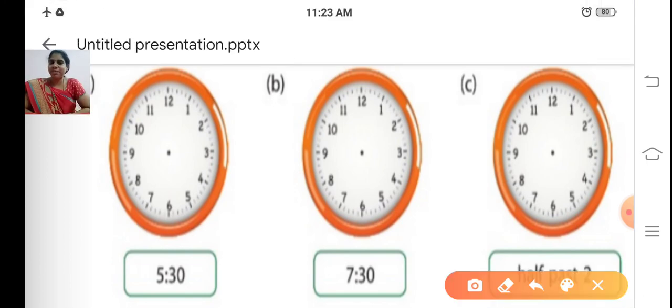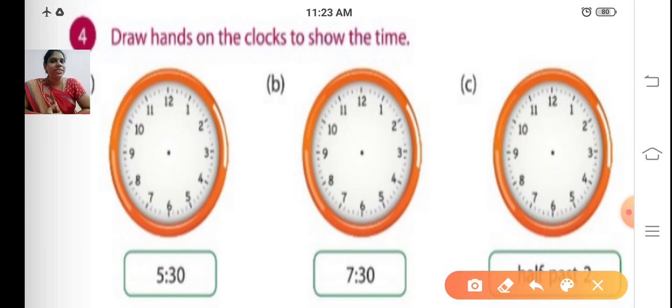Yes. What is the time now? 5:30. 5 represents the hours, 30 represents minutes. So 5 hours. Where should the hour hand be? The shorter hand should be at 5. So just draw the shorter hand at 5.